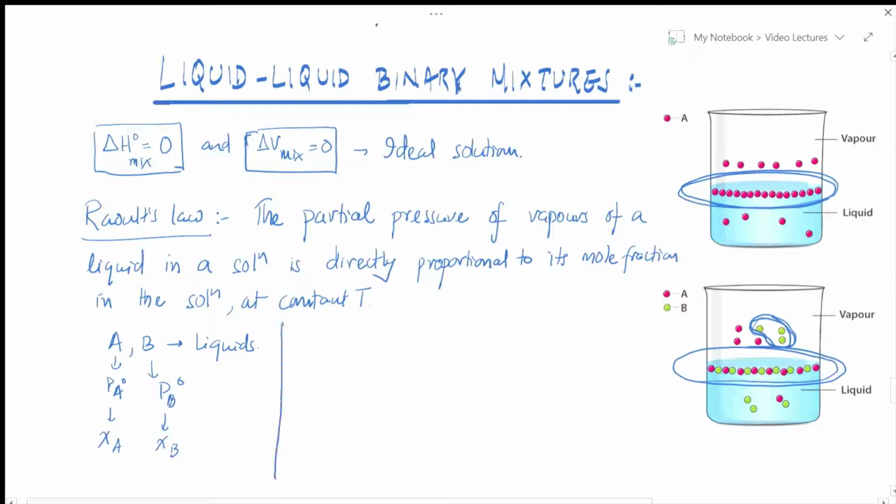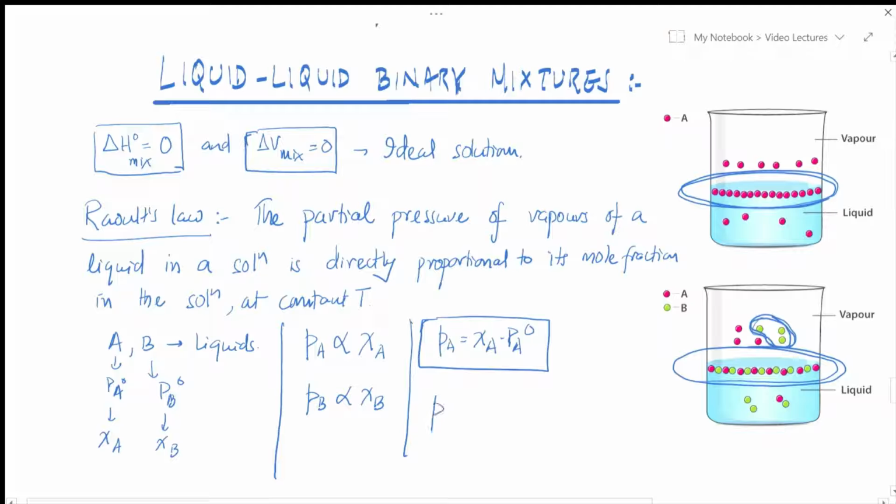Then Raoult's law states that partial pressure of A is directly proportional to mole fraction of A, and the partial pressure of B is directly proportional to mole fraction of B. In fact, the partial pressure of A can be written as xi A into PA0, and the partial pressure due to B can be written as xi B into PB0.